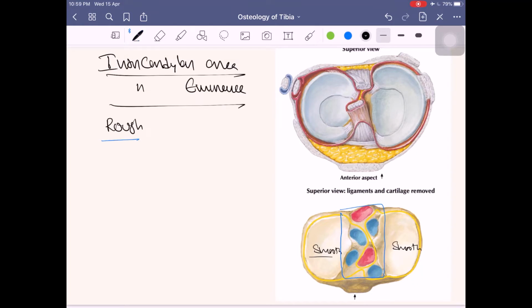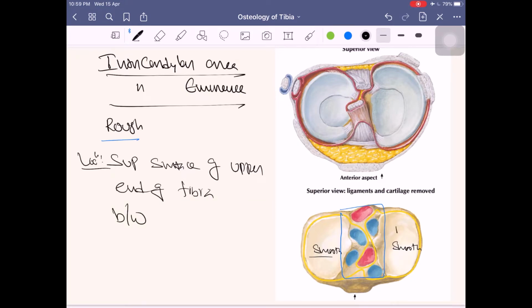Location: superior surface of your upper end of tibia, because we are doing the upper end of tibia. And it is present between the medial condyle and the lateral condyle, between the condyles of tibia. That is why it is called intercondylar.